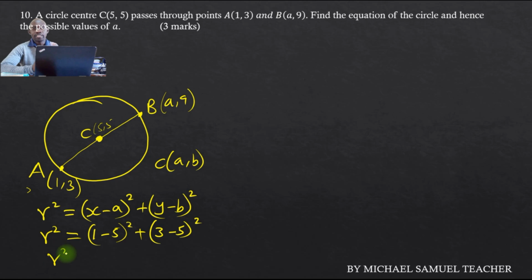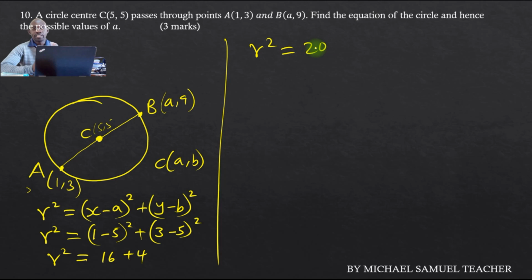This will be minus 4 squared, that is 16, then minus 2 squared, that is 4. So r squared is equal to 20.